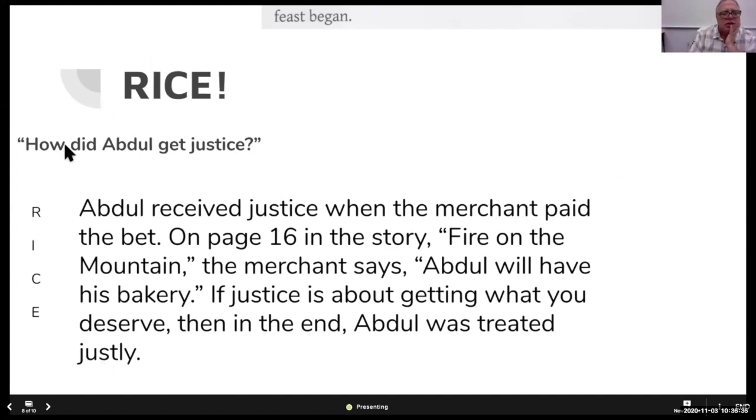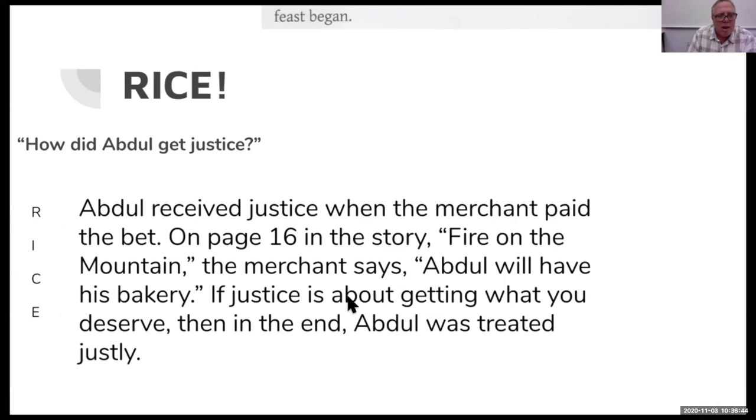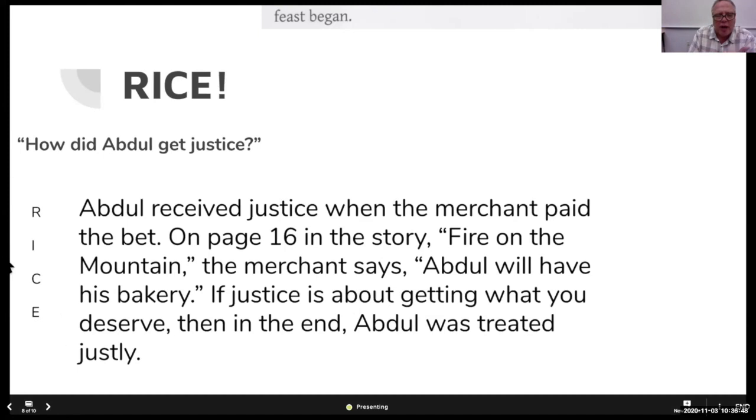How many sentences are in here? Just to take a stand, to introduce a quote, to cite the quote, to explain the quote. How many sentences are here? Three. Because the I and the C we combine together in one sentence. Now you could do this differently. You could do four sentences. You could add more information to the E where you explain the quote.